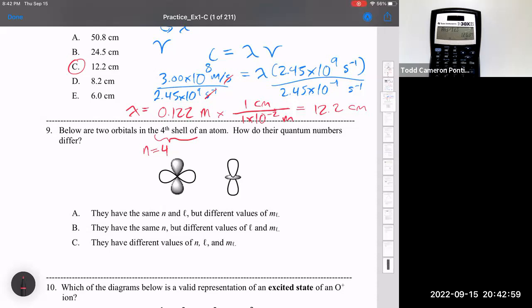These are both d orbitals. They're just different d orbitals. By virtue of being d orbitals, they have to be in the L equals 2 subshell. Okay? L equals 2 means you're looking at a d orbital.